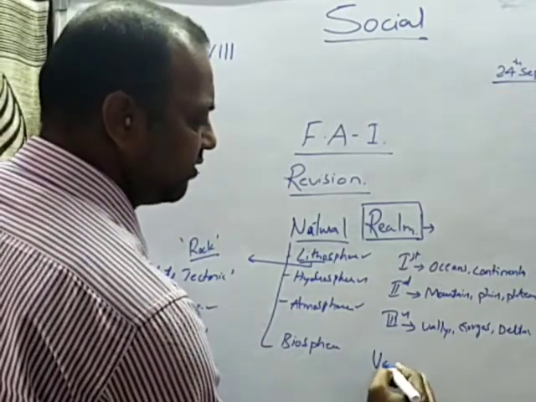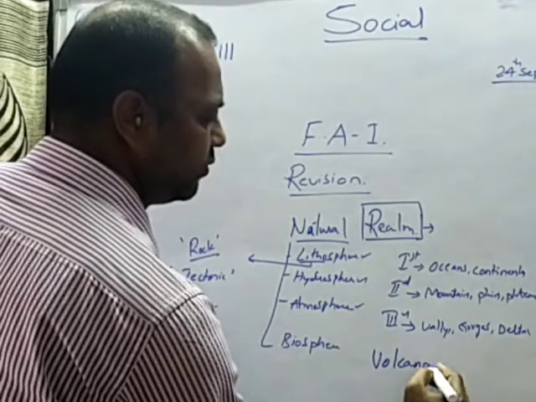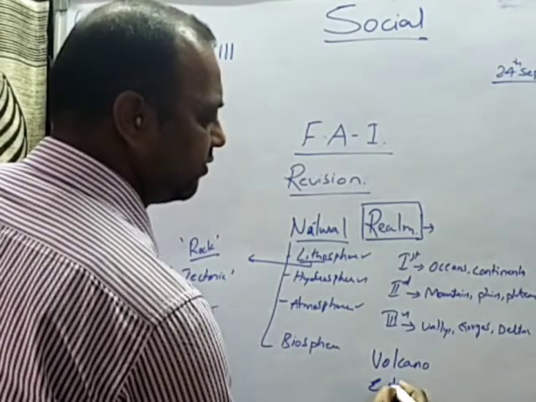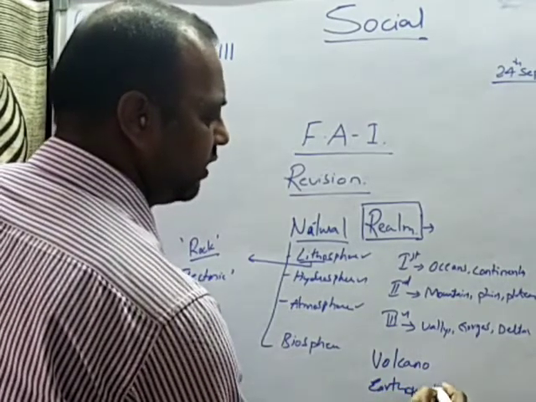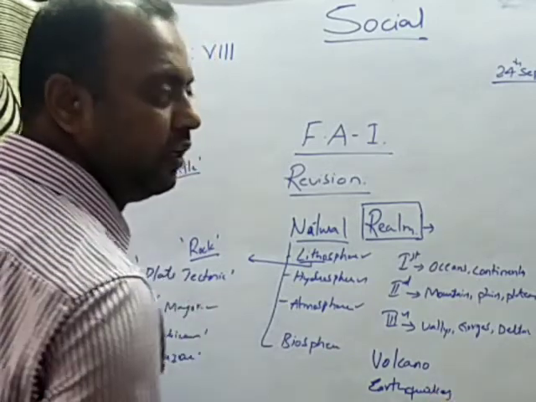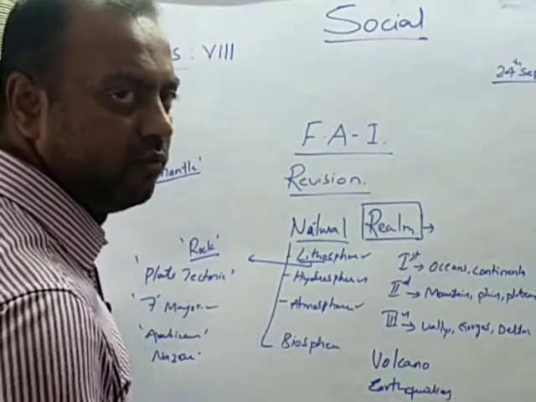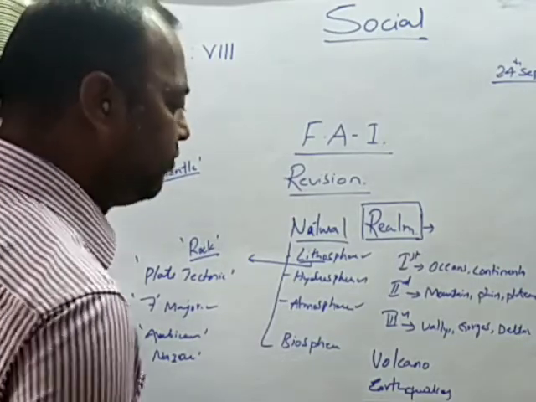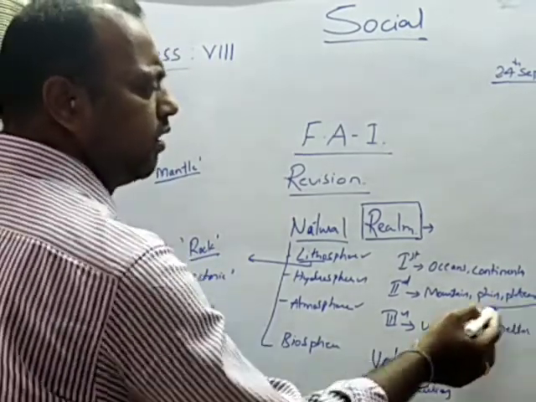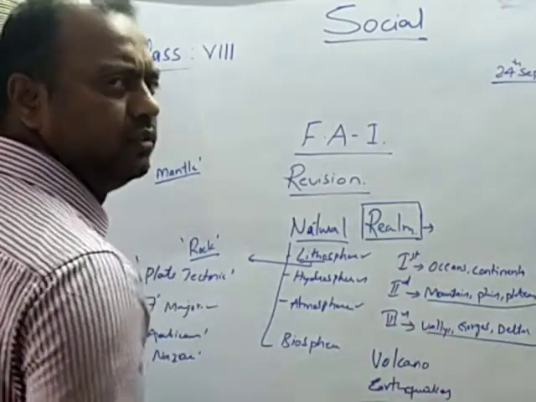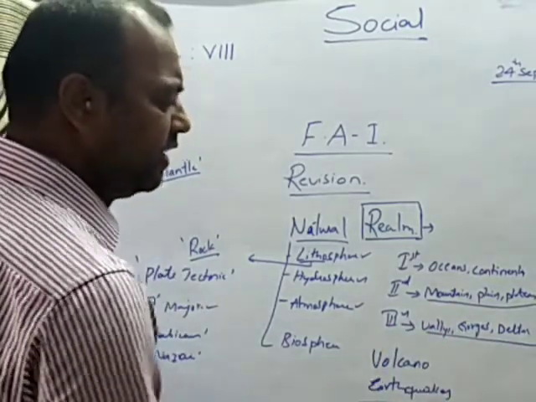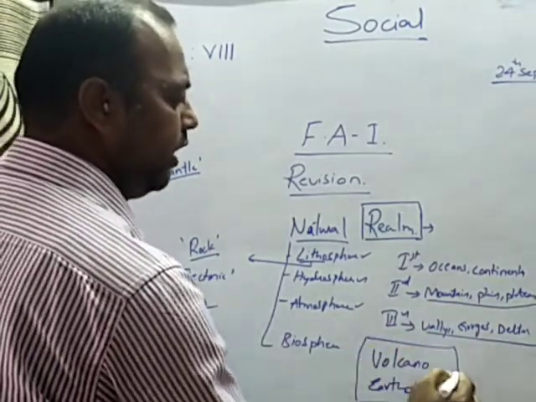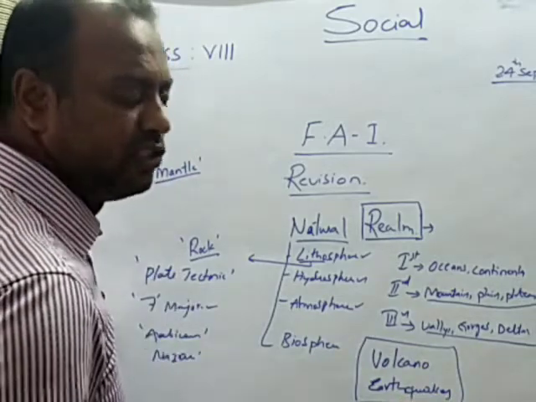Two of these processes we have seen: one is volcano eruption, the other is earthquakes. Whenever earthquakes occur, that leads to the formation of new landforms, and whenever there is a volcano eruption, that also leads to the formation of new landforms.